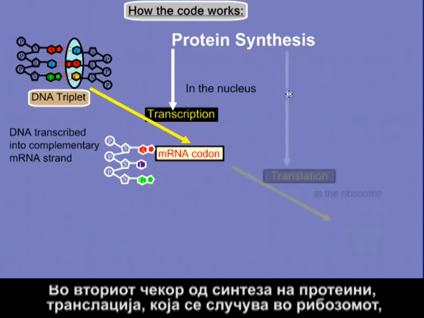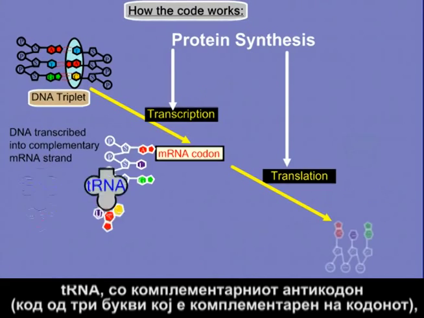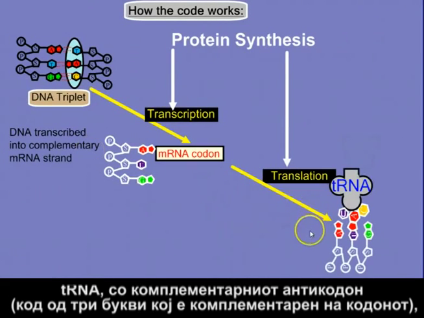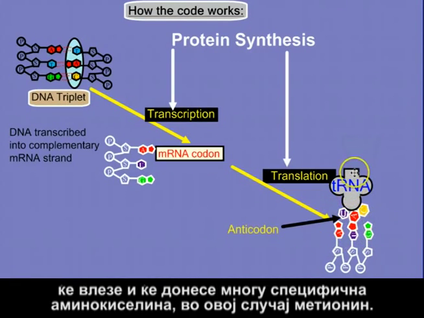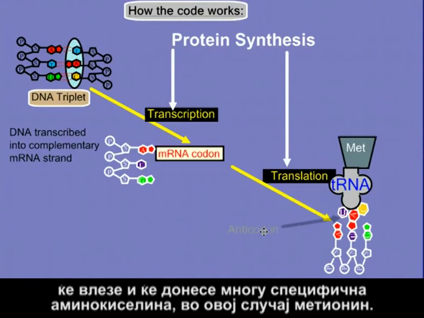In the second stage of protein synthesis, translation, which occurs at the ribosome, the messenger RNA is going to be translated into an amino acid with the help of transfer RNA. Transfer RNA with the complementary anticodon, a 3-letter code that's the complement to the codon of the messenger RNA, will come in and bring with it a very specific amino acid, in this case methionine. So the transfer RNA brings in and lines up its anticodon and carries methionine.